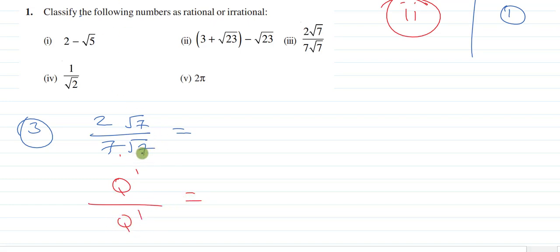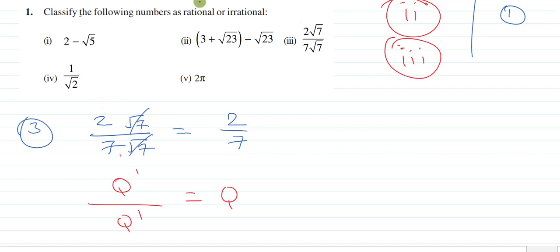Just solve this first. This root 7 will get cancelled. 2 by 7. 2 by 7 is a rational number, in p by q form you can see. Or if you divide 2 by 7, it will be terminating or repeating. So here I can see the answer is a rational number. So the third will be of category rational number.